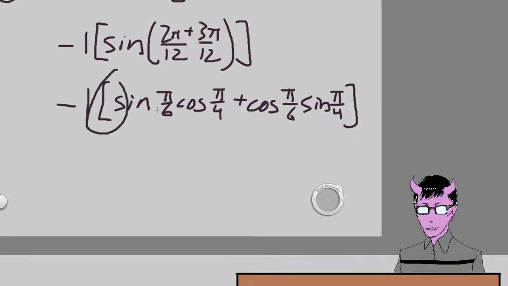Using my standard algorithm. Again, sine, cosine, cosine, sine. Some people do it as sine, cosine, sine, cosine, which I don't like, but who am I to tell you what not to do? Alright, so evaluating that one. It's going to be 1 over 2. And this one.